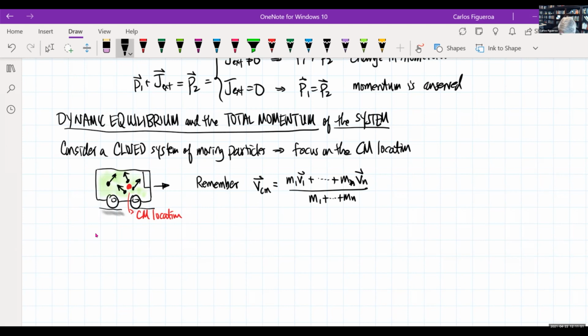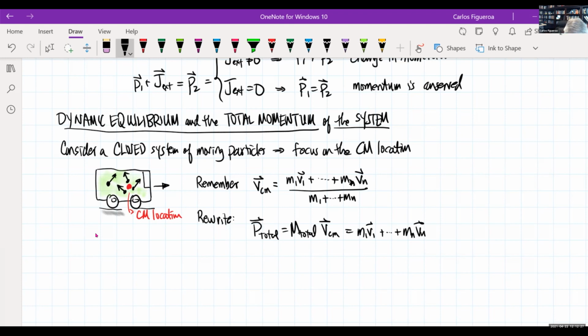The term in the denominator is the total mass. So if I do a rewrite, then the total momentum of the system is going to be the total mass times V center of mass, which is, of course, M1 V1 plus through Mn Vn. This is the total momentum of the system.